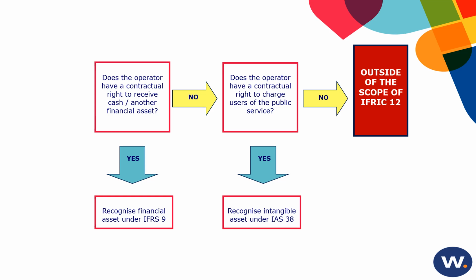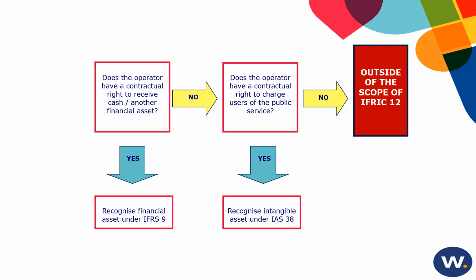If, however, our answer to this question was no, we then move on to the second question, where we assess whether the operator has a contractual right to charge users for the public service which they provide. If the answer is still no, we are unfortunately outside the scope of IFRIC 12, and guidance on the correct accounting treatment should then be sought from other standards within IFRS.